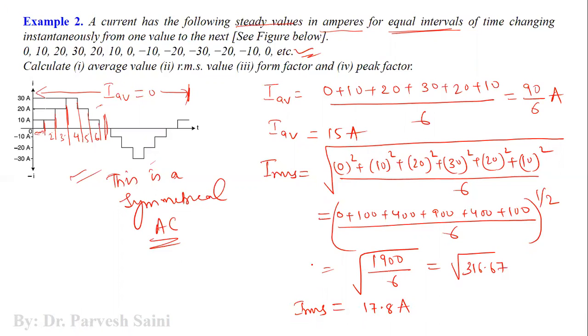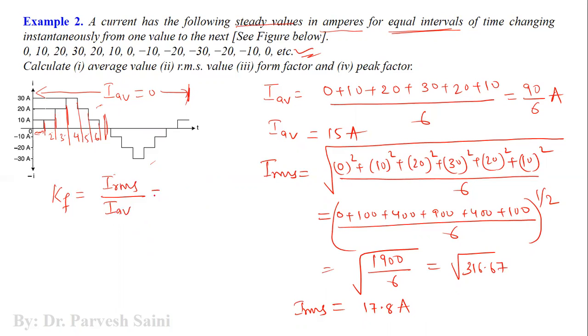Now if we have to calculate the form factor and peak factor here, it is quite simple. The form factor can be calculated by dividing the RMS value of this current by its average value. So this would be 17.8 divided by 15.